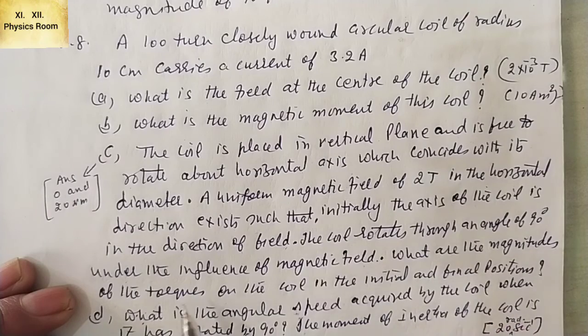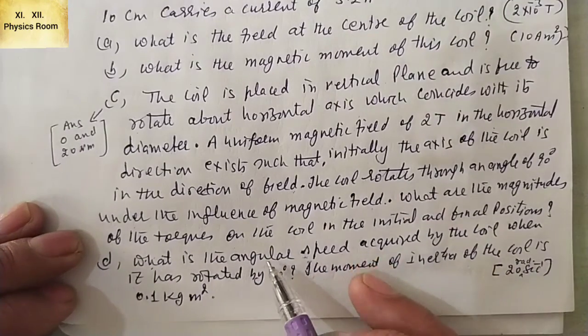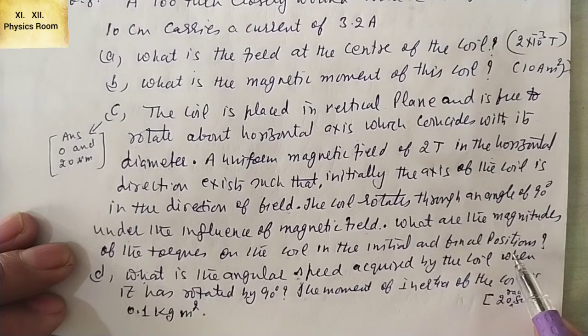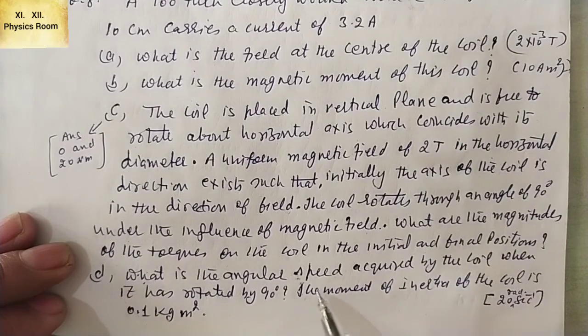What are the magnitudes of the torques on the coil in the initial and final positions? D. What is the angular speed acquired by the coil when it has rotated by 90 degree? The moment of inertia of the coil is 0.1 kg meter square.